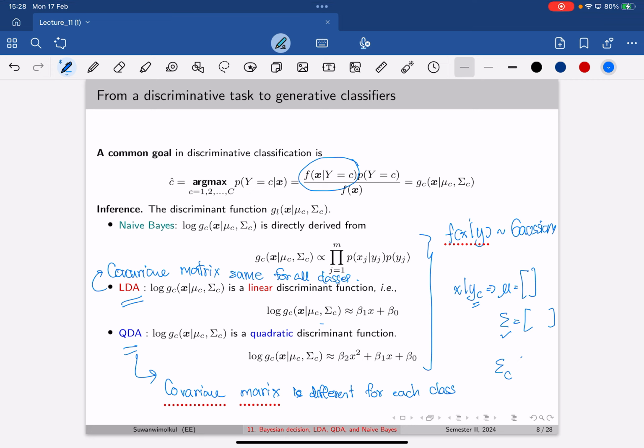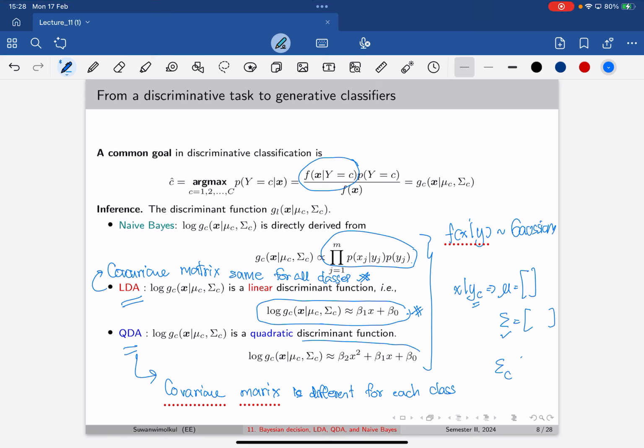Because when we consider covariance being the same for all classes, you can actually reduce this formula into some linear equation. But don't forget that this one is written in probability. If you want to derive it, you have to take a logarithm, computing it in the log space, then you get a linear equation.